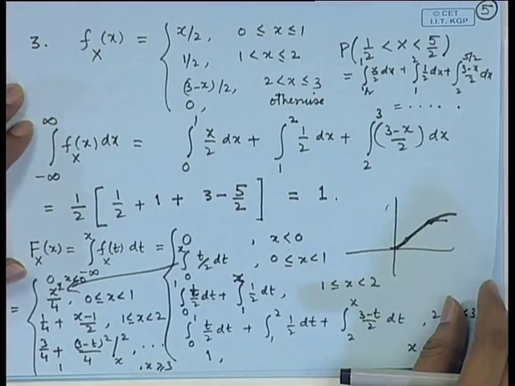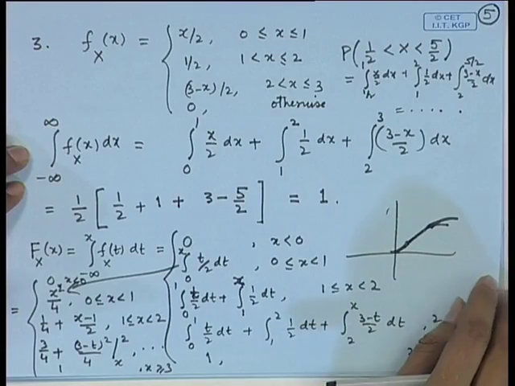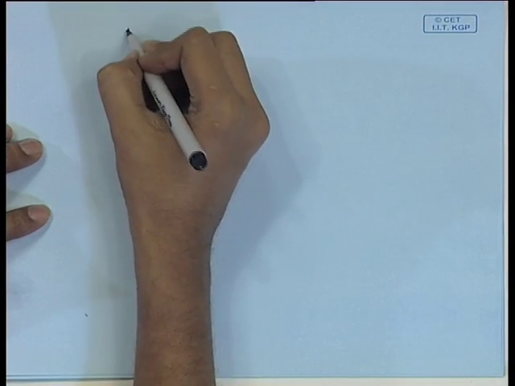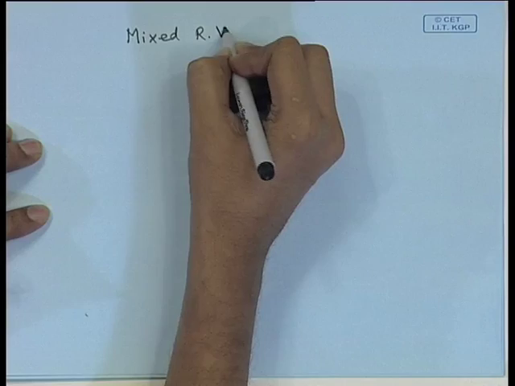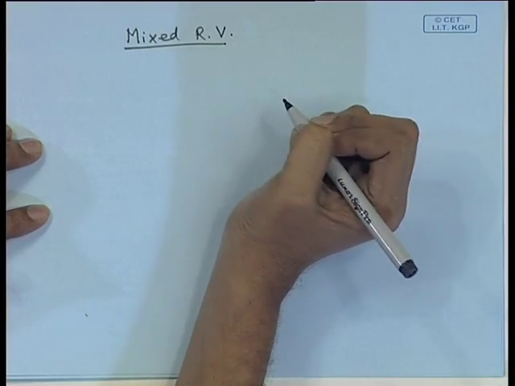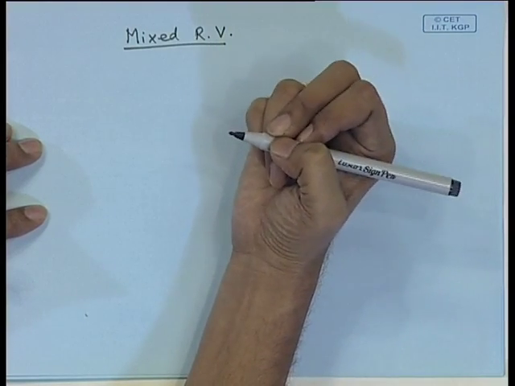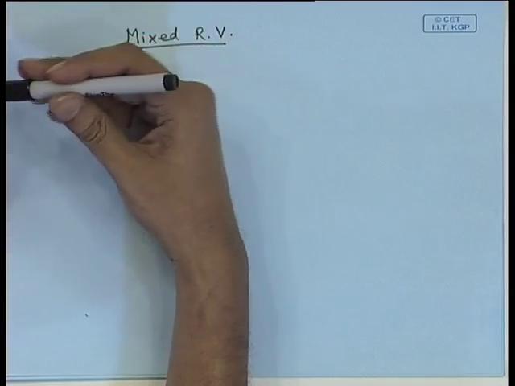There is also a possibility that a random variable may be partly discrete or partly continuous. These are known as mixed random variables. Let me consider some example. Consider for example, a person traveling to his office every day by car.